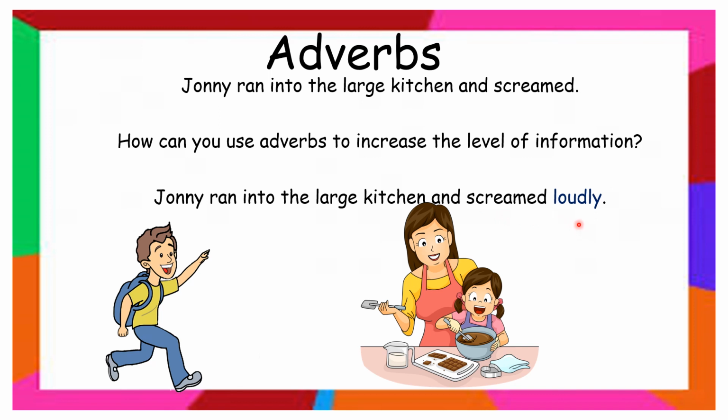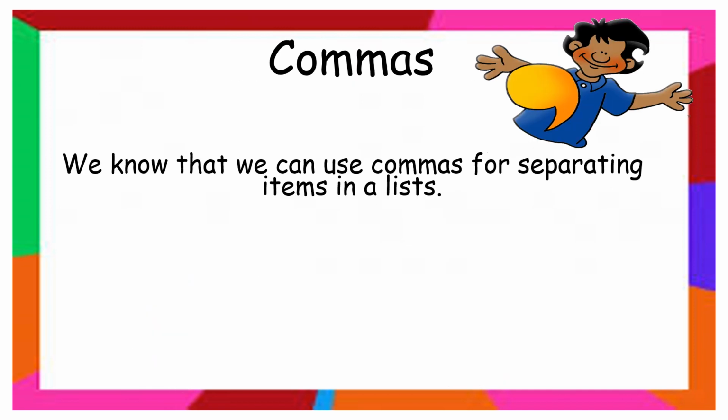He didn't scream quietly, he screamed loudly. So the adverb tells us how Johnny screamed. Screamed is the verb. It tells us what Johnny did. And the adverb tells us how he did it. So he screamed loudly, not quietly.